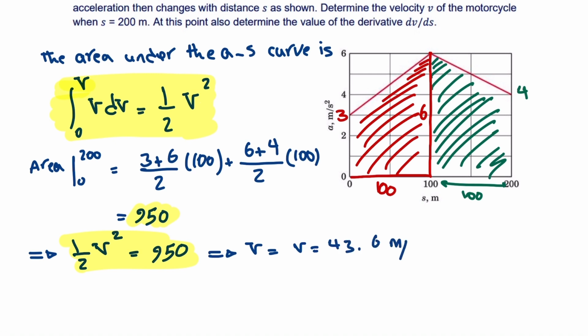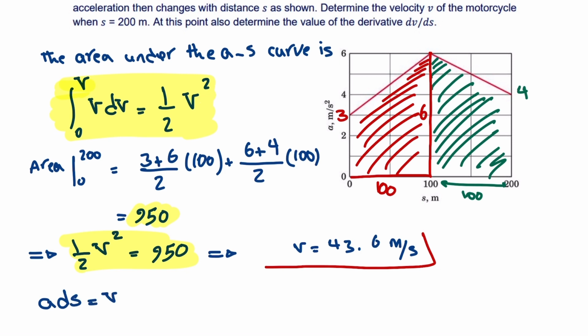All right. And it asks for the value of the derivative dv over ds. You remember this one, a ds equals v dv, one of the equations that we have.